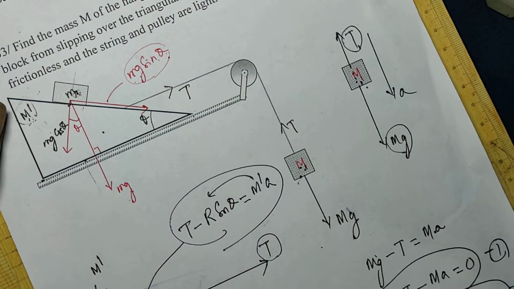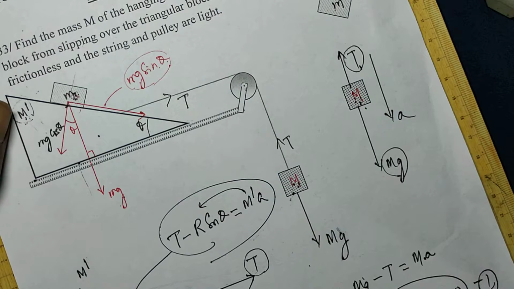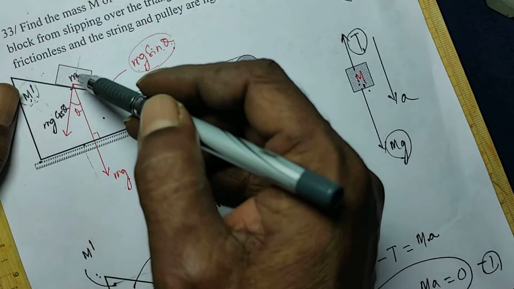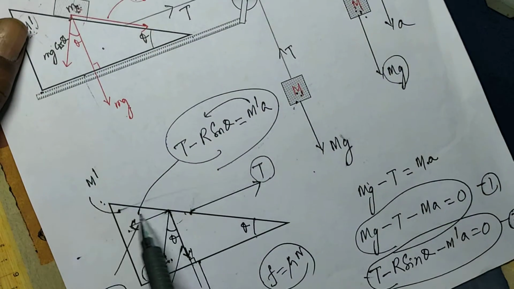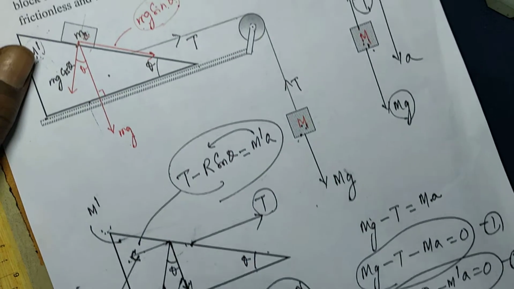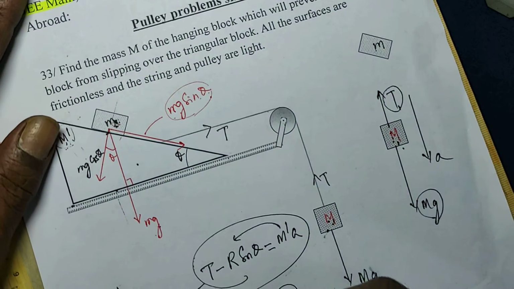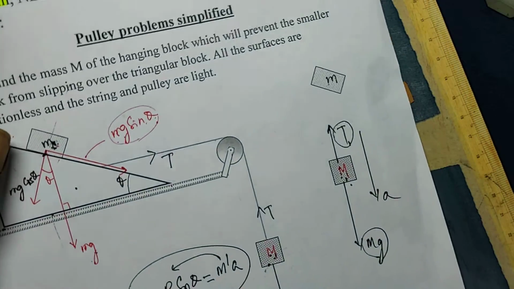Now we are only left with two more equations. Now look at this small m. Its action force on this triangular wedge is to this side. So the same reaction force for the mass small m will be to this side.